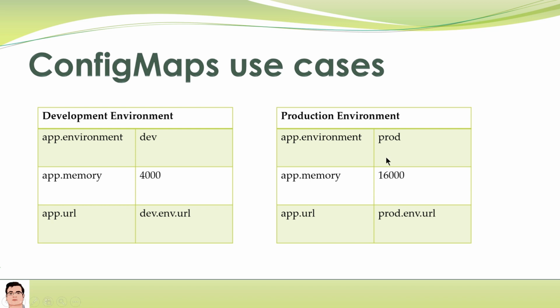And when the pod gets deployed into the production environment, when the app.environment comes as prod, it will set the memory and the URL accordingly. So you can see that we are not changing anything in the manifest file. We are changing the environment variable file, which is placed in remote, central locations from where we can fetch that particular environment-related values.